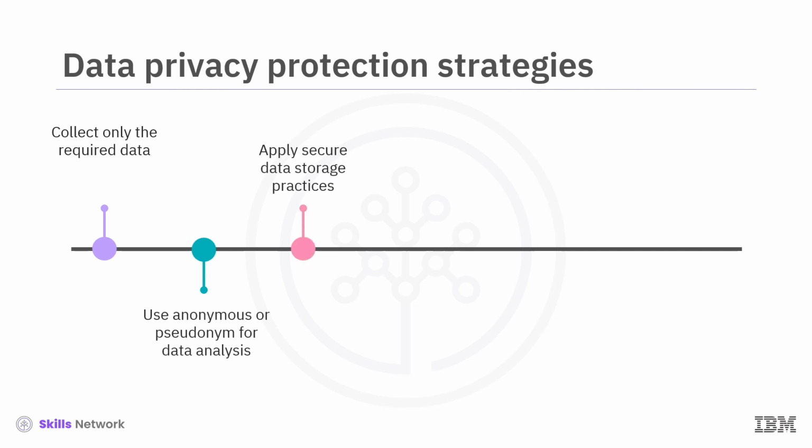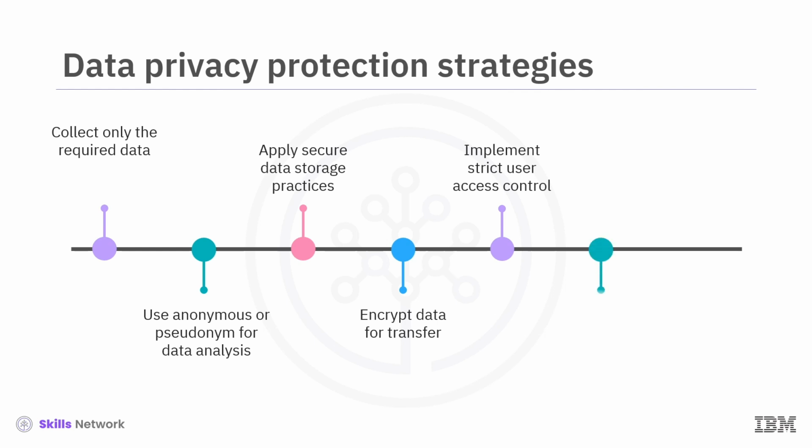Applying secure data storage practices for storing learners' information in data sets and encrypting data while transferring them. Implementing strict user access control with authentication and authorization protocols ensures that only authorized personnel can access sensitive information. Conducting regular audits to stay compliant with privacy policies and monitoring data access logs helps detect and promptly address unauthorized activities.